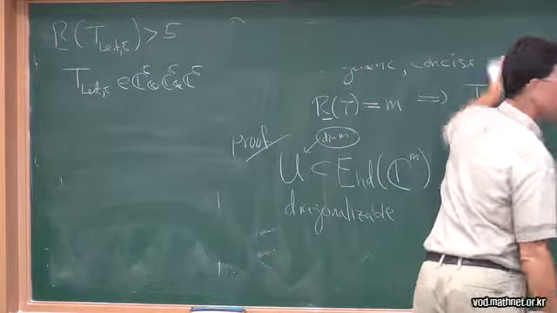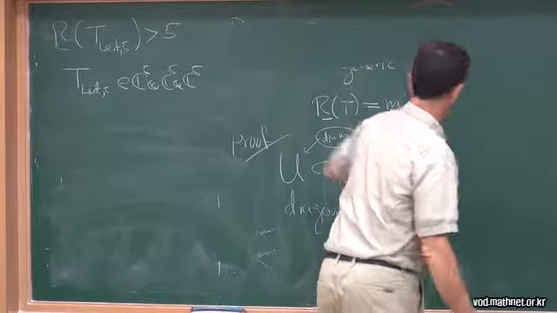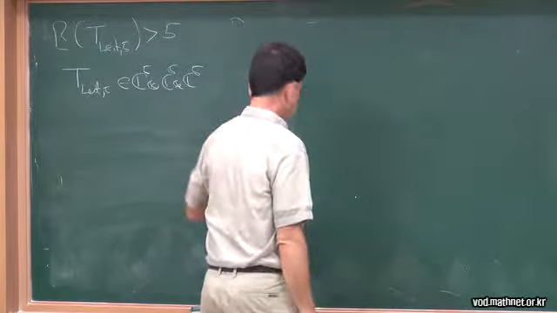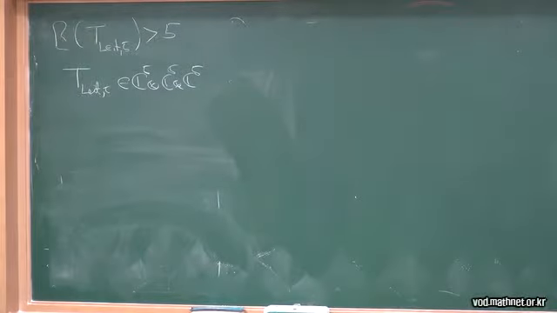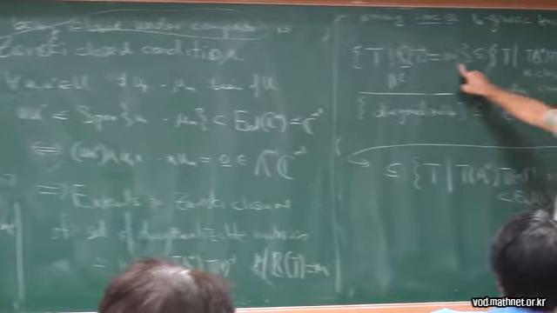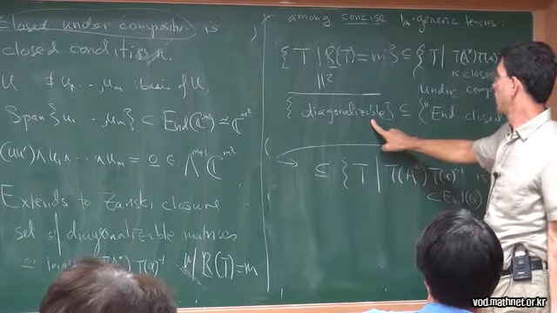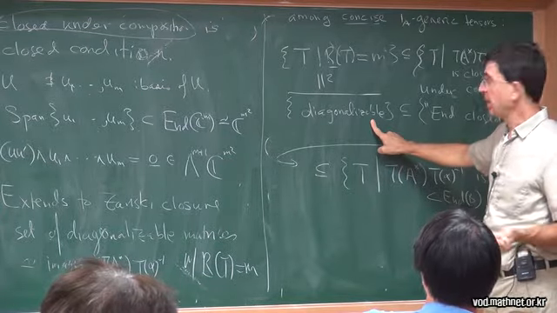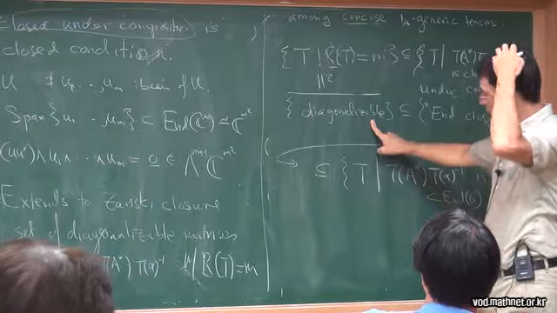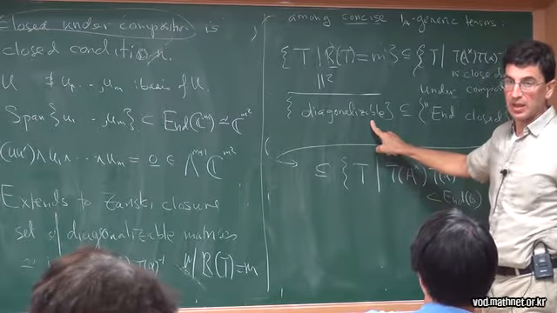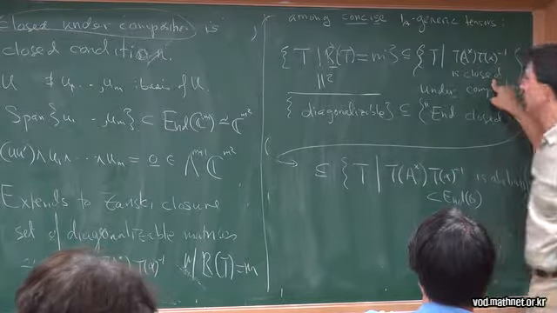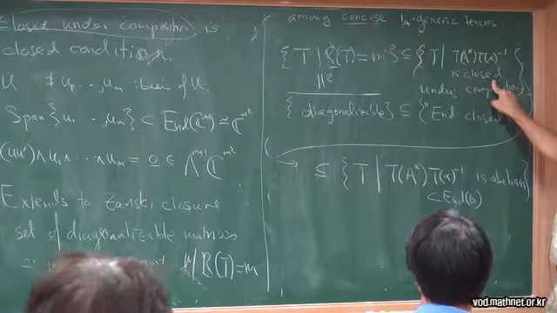Could you explain again about this inclusion? Yes? Classical linear algebra or this last inclusion? Yeah. So if I have diagonalizable matrices, under some choice of basis they will be diagonal. In particular, they'll be closed under composition.